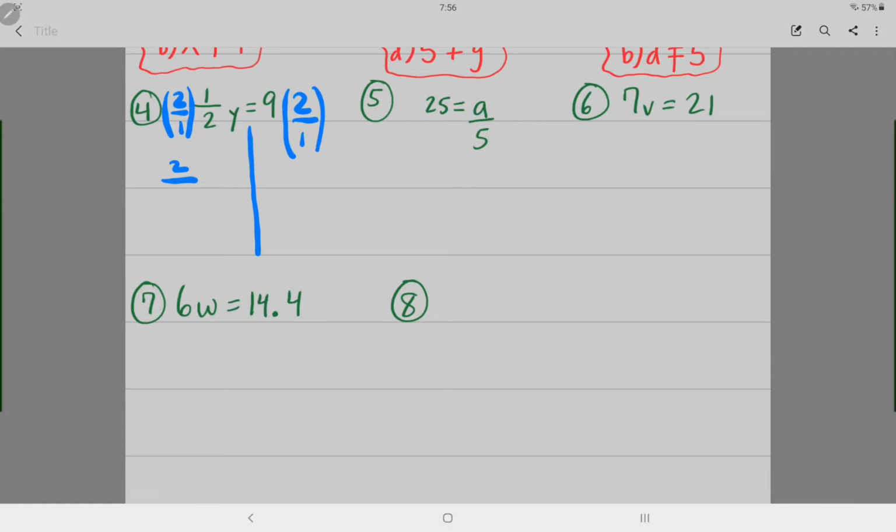And then on the bottom, the denominator is 1 times 2 also gives me 2. And I know that 2 divided by 2 is just simply going to give me 1. So it doesn't matter what the fraction is, as long as I multiply by the reciprocal, where the variable is, it's always going to give me an answer of 1.